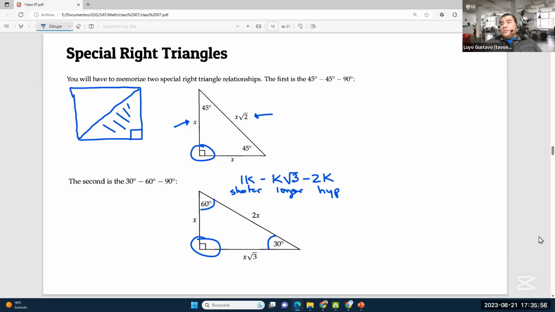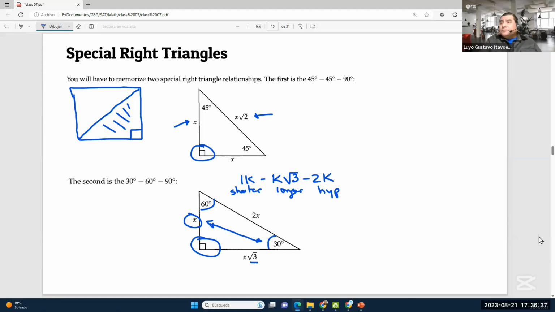And it's interesting, the shorter leg will always be the segment opposite to the angle of 30 degrees. The longer leg will be opposite to the angle of 60 degrees, and of course, the hypotenuse is the longest side. The connection is here, right? The hypotenuse is twice the shorter leg, and the longer leg is just the shorter leg multiplied by the square root of 3. So if you memorize these proportions, you can do questions like this.